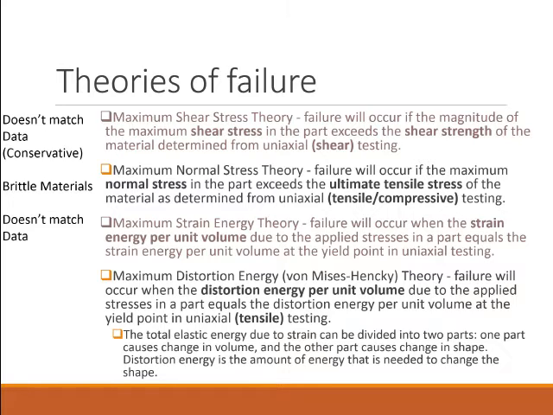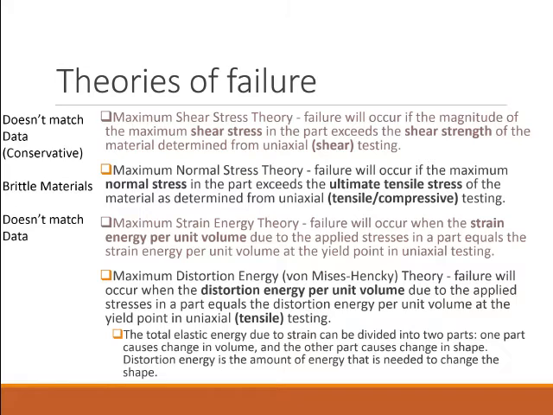Then finally we have the maximum distortion energy, which is also called the von Mises theory. This theory says that failure occurs not when the total amount of strain energy is reached, but when the amount of energy that caused distortion is reached. Consider that I'm deforming a volume.